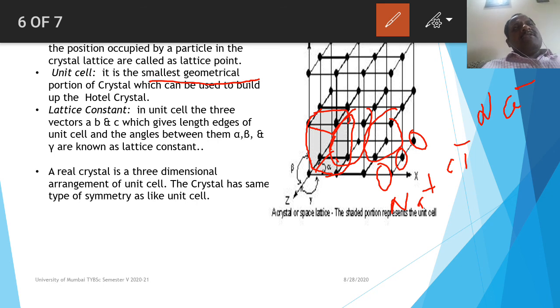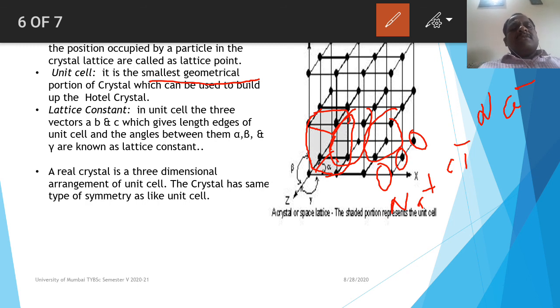Likewise, if you divide it into smaller portions, at one point that portion is not going to break down further. That smallest portion of the crystal is called a unit cell. Just like the definition of an atom is the smallest part of matter which is not divisible, a unit cell is also not divided further.